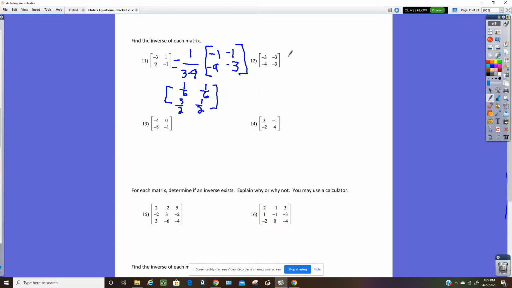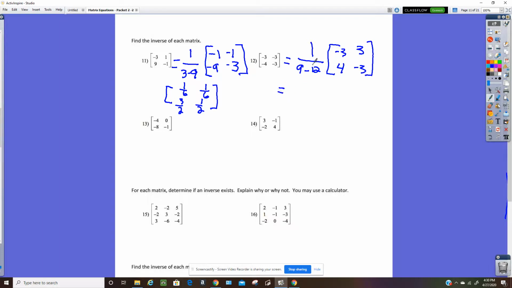And this one, 1 over the determinant, 9 minus 12, and then switch these two entries. Doesn't look like anything happened because they're the same. And then the opposite of the other two entries.